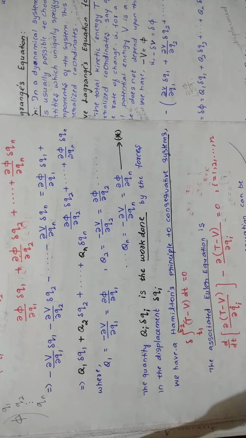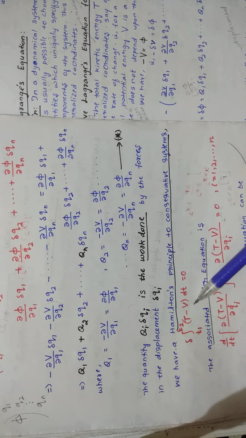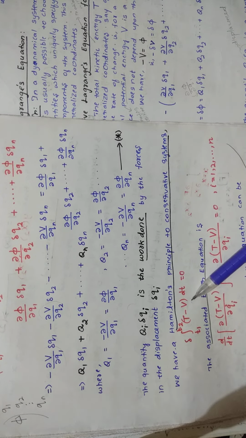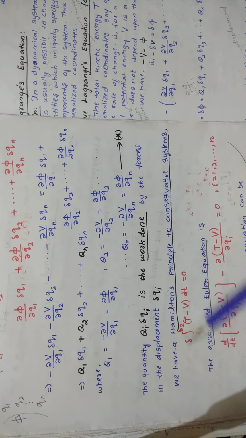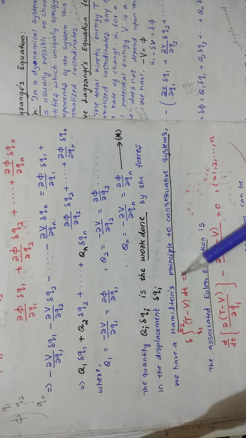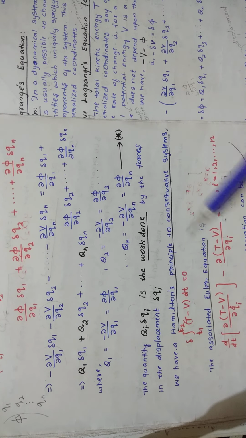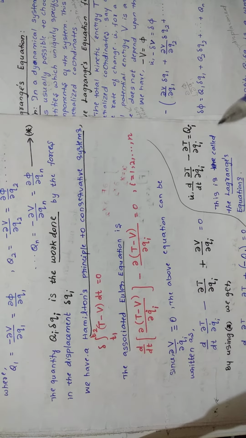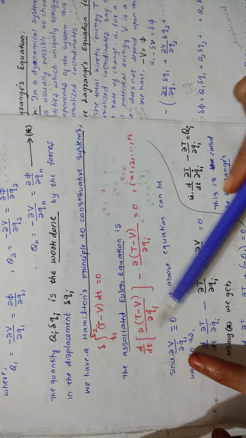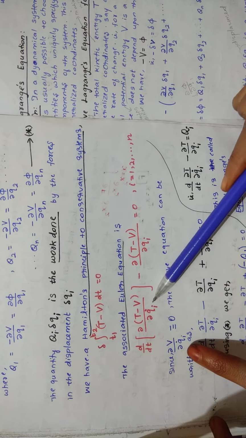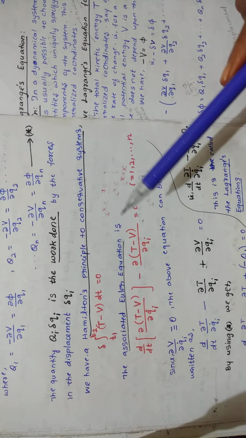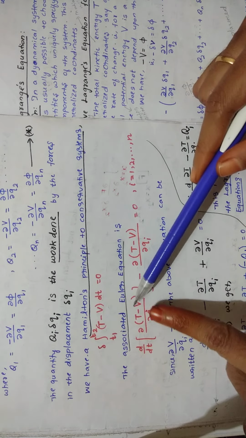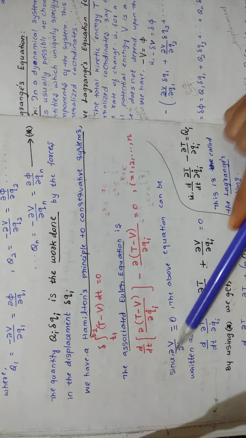Now you are using Hamilton's principle for conservative systems. So this is the Hamilton's principle for conservative systems equation. Memorize this. The associated Euler equation, you have to memorize this also. Now what you are writing is, since dou V by dou qi dot is 0, you don't want to write that here.